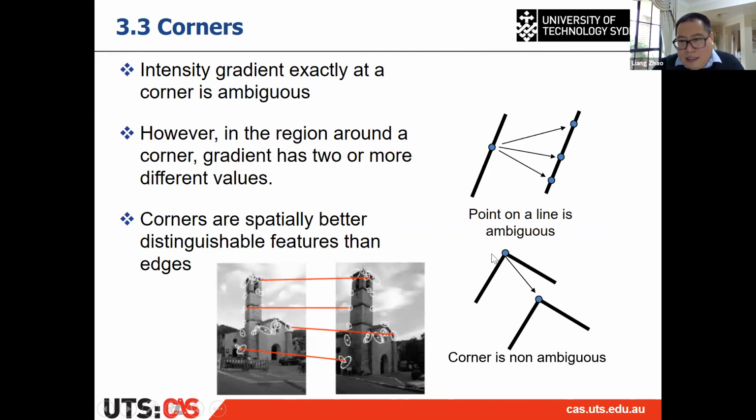But if you consider the surrounding area, you can find large gradient values in different directions, two or more than two. If it only has a gradient from one direction, then it's a line. But if you have gradients in multiple directions, more than two, then it's pretty much a corner. And why are they using corners?